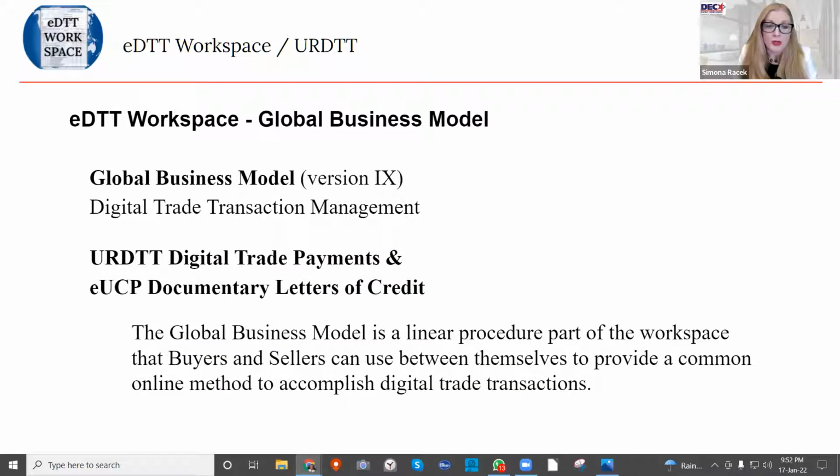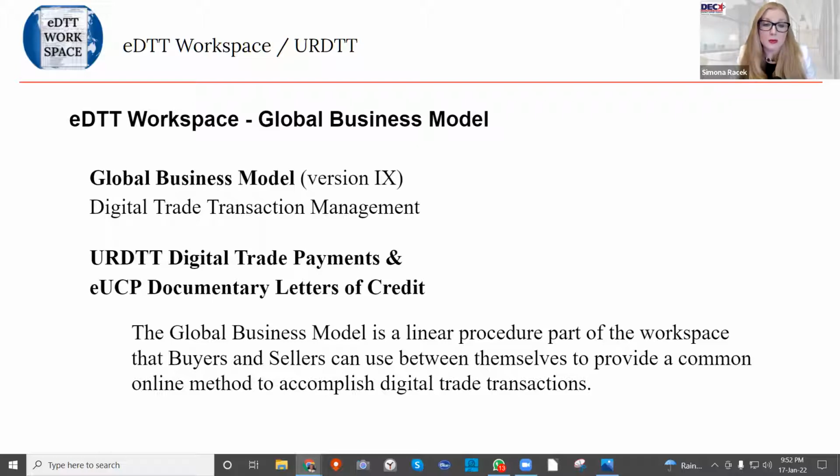The DT Workspace uses the Global Business Model Manual as the management method for trade transactions. The Global Business Model Manual was published in 1999, has been used to manage transactions ever since, and has been updated recently to incorporate both the Uniform Rules for Digital Trade Transactions, URDTT, and the EUCP guidelines for letter of credit transactions.